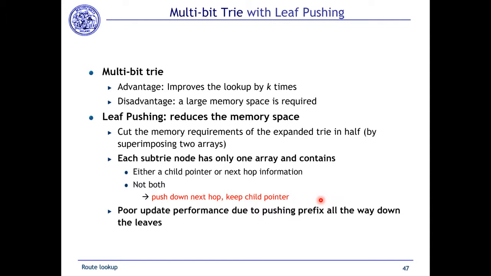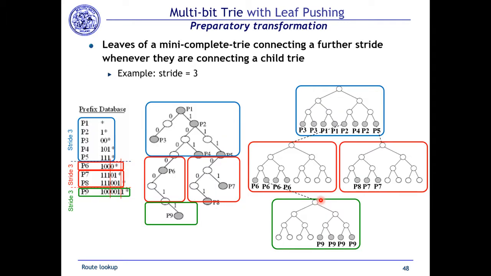In particular, the information that should stay in the same position where you have a pointer has to be pushed down to the next node, and I'm going to show you how this is done. So let's start from the same example as before.